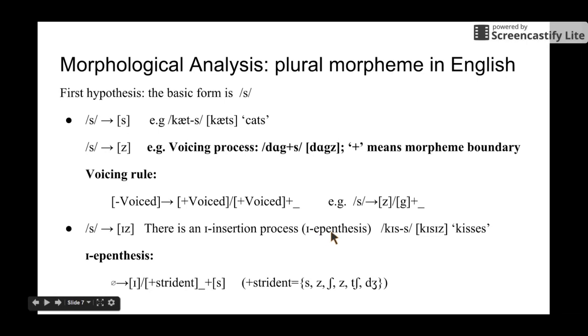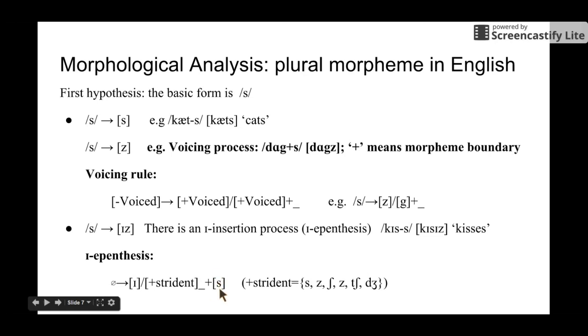Sometimes we use epenthesis to refer to insertion. So an epenthesis rule looks like this: we have an empty set symbol, which means nothing, becomes a vowel in the environment of following a strident and preceding the plural morpheme.